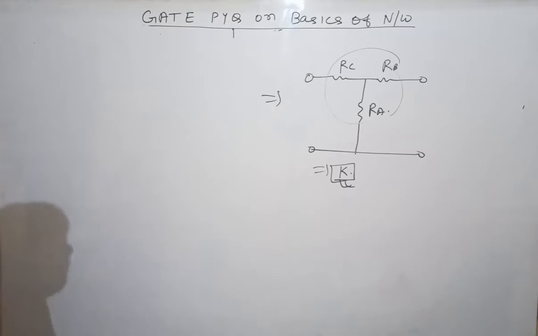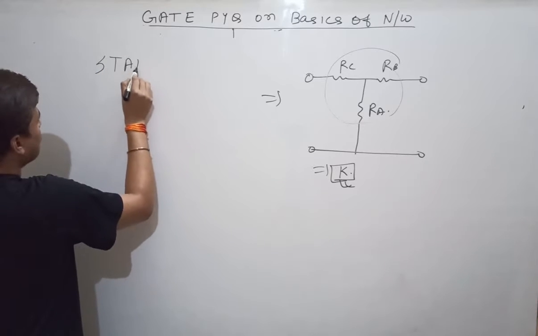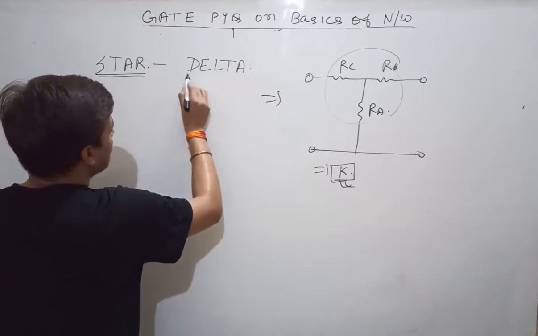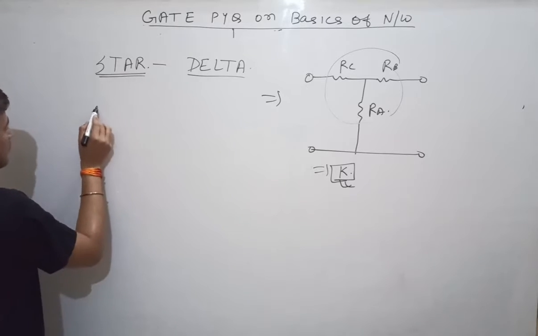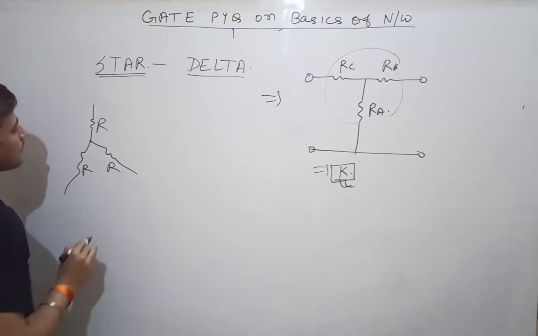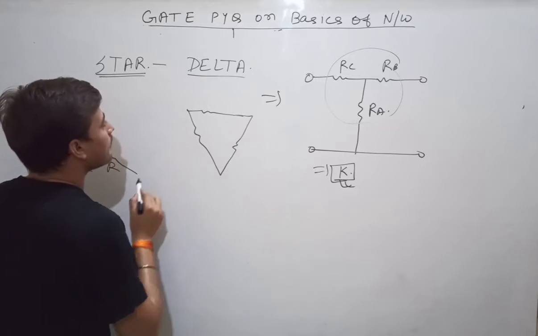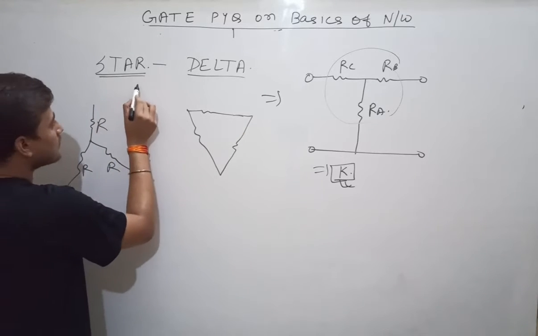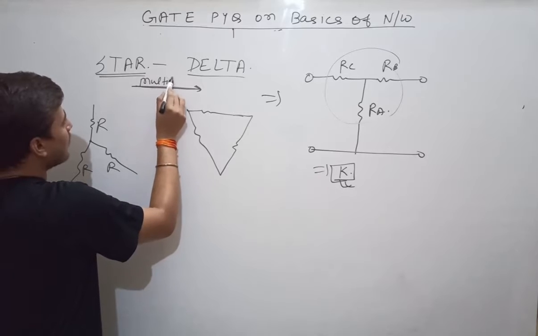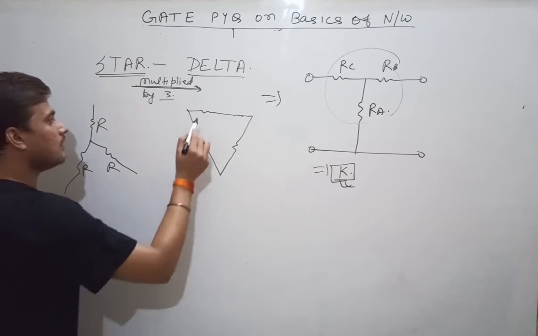Here remember one more thing. If you are having equal resistances R in star, and it is being converted into delta, then when you go from star to delta, the resistance will be multiplied by 3.